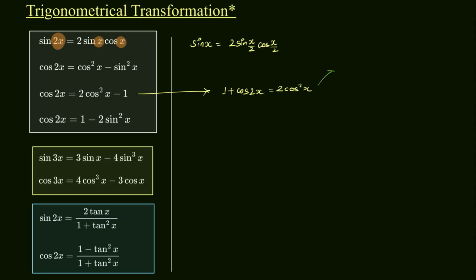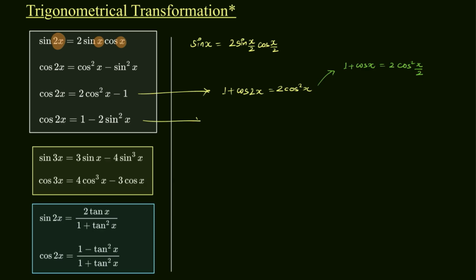That means if I have to write this as 1 plus cos x, then I will write 2cos²(x/2), because the same logic applies: whenever the angle is 2x, here it is half of it, that is x. So if I see 1 plus cos x, I will write half of x, that is x/2. So 1 plus cos x will be 2cos²(x/2).